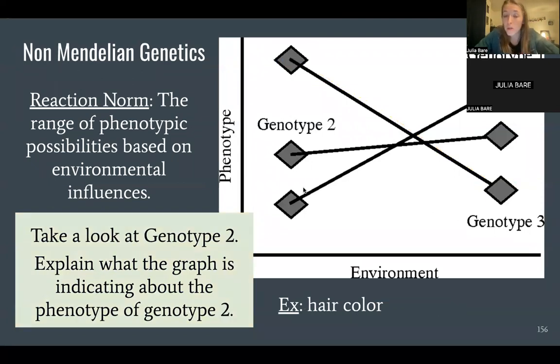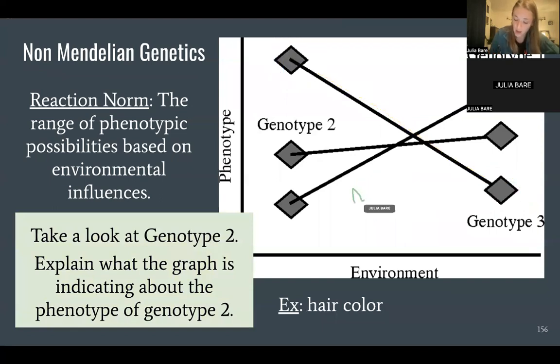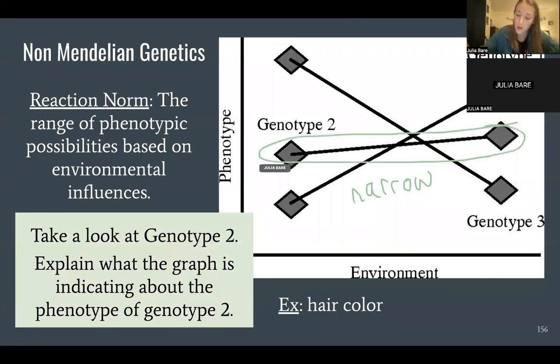Now let's do the same analysis on genotype number 2. What kind of norm would genotype number 2 have? This would be considered a narrow norm. This would be considered a very small range. This would be considered a narrow norm of reaction for genotype number 2.